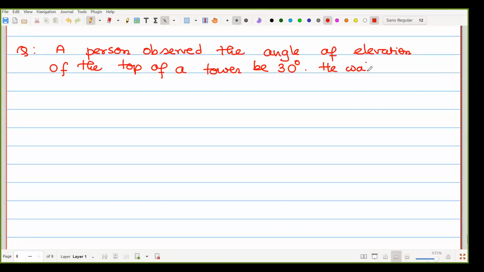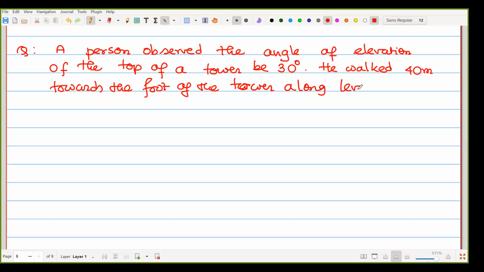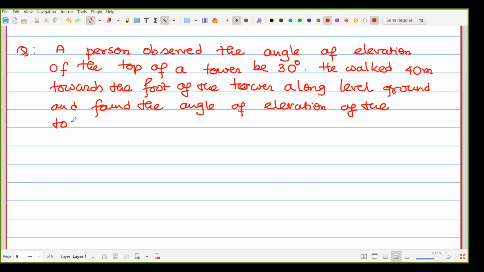He walked 40 meters towards the foot of the tower along level ground, and found the angle of elevation of the top of the tower as 60 degree.